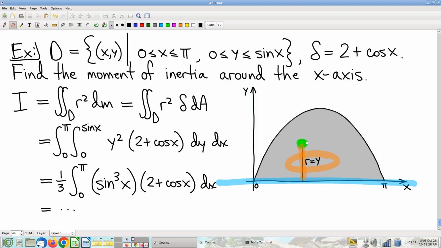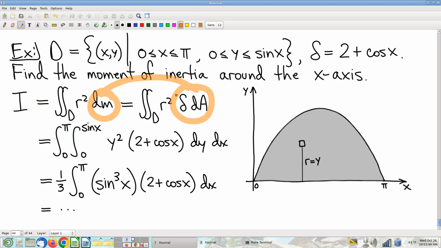All right, so here's our general formula: integral of r squared dm. Let's think about it for a second. We're in a two-dimensional context, so mass is density times area in this case. That took us all of 2 seconds to figure out. R we just discussed. R is y.